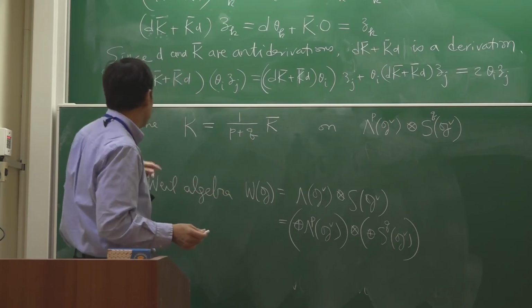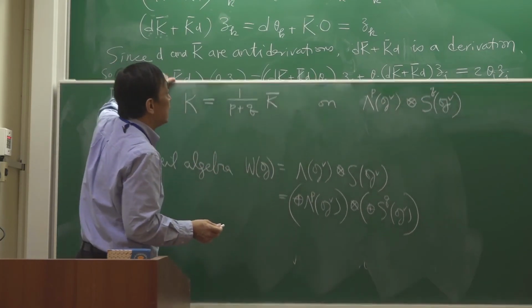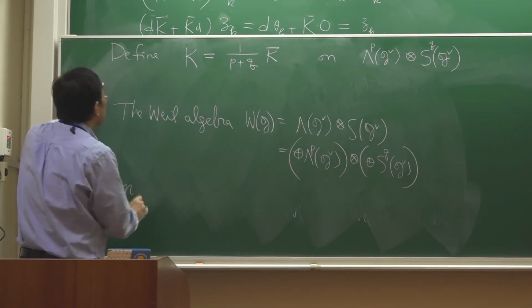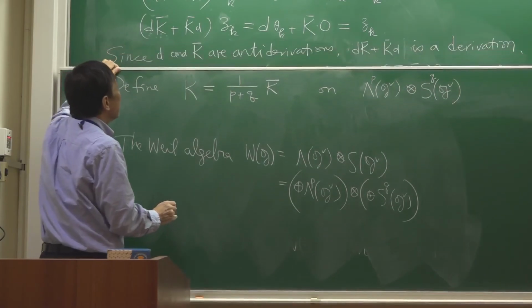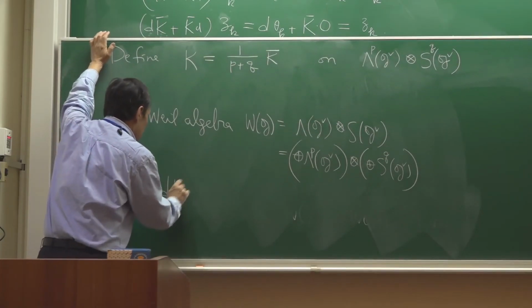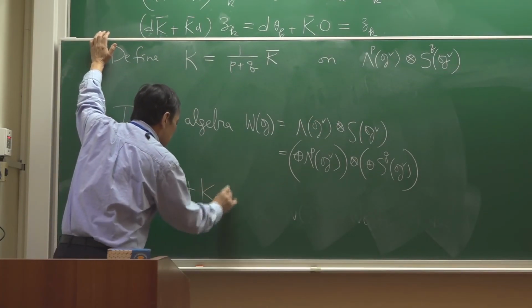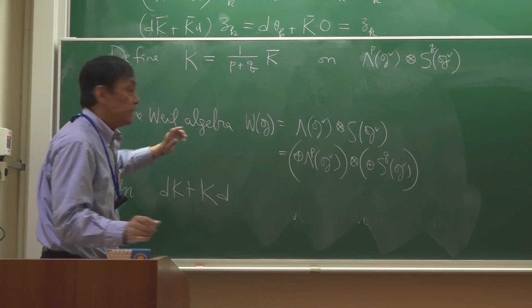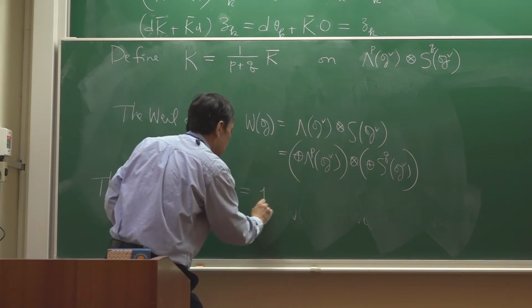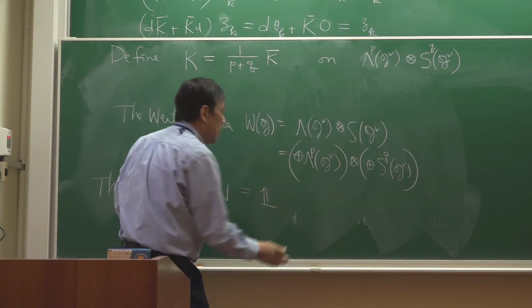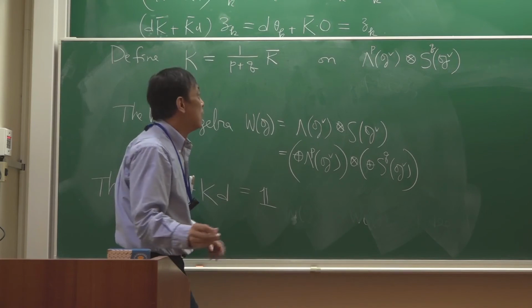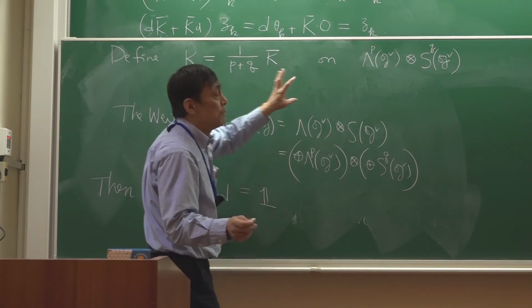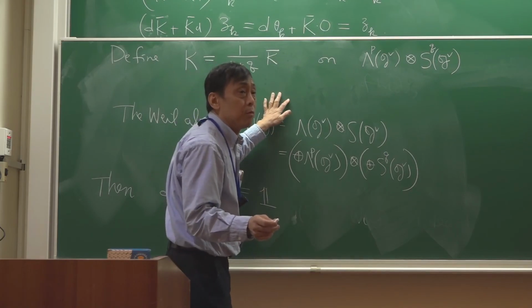Okay? Then DK plus KD will be the identity, provided that you can divide only if P and Q are not both 0.